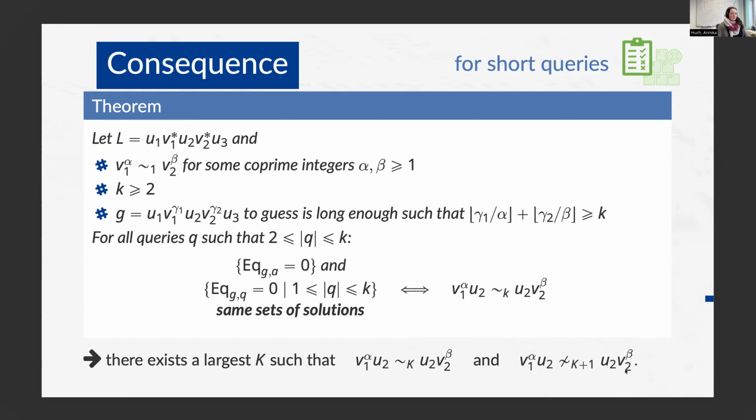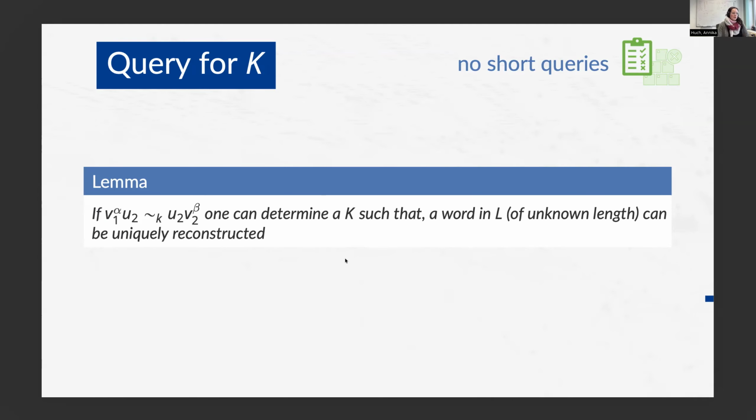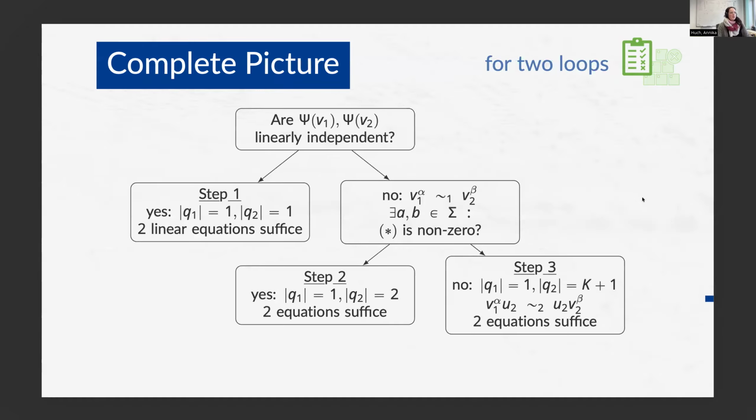So the trick we used is to determine the largest value such that they are still equivalent, and then query two queries, one of length 1, and then a second one of length k plus 1, to make sure that we again have a point of intersection, by the argument on the orientation of the geometrical objects we get from there. Okay, so the complete picture for 2 loops is now.